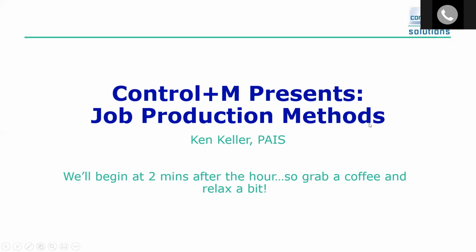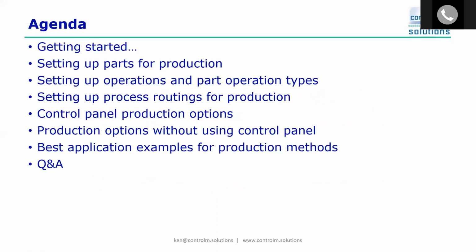So again, welcome everyone. Our agenda today is just getting started with the process. Most of you on the call are existing Plex customers. You're using Plex. You're likely producing something, as it's manufacturing ERP software. I'm sure you're manufacturing and running production.